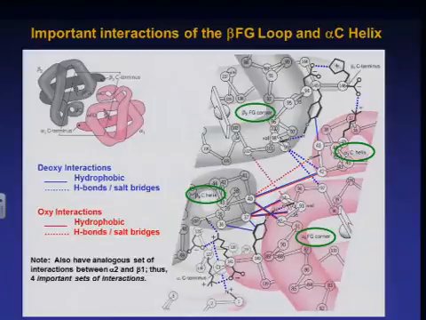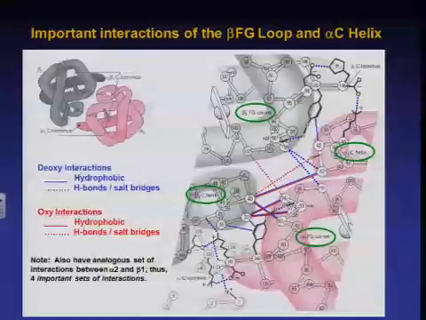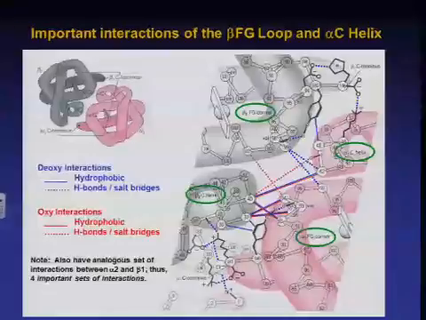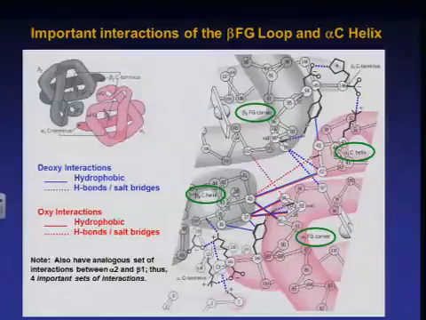These are hydrogen bonds, salt bridges, some hydrophobic interactions, and some of them persist in either state, but some of them are unique to either the oxy or the deoxy. It's not important to memorize all these interactions, all right? What you need to realize is that these interactions do change as you would expect that they would change because of the change in the conformation, all right?